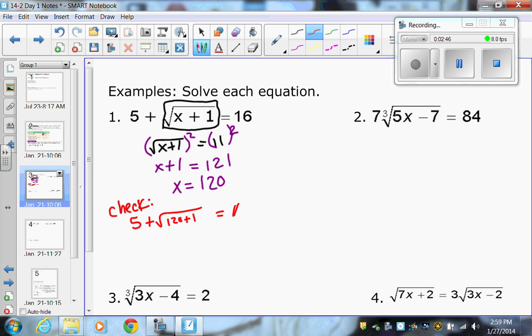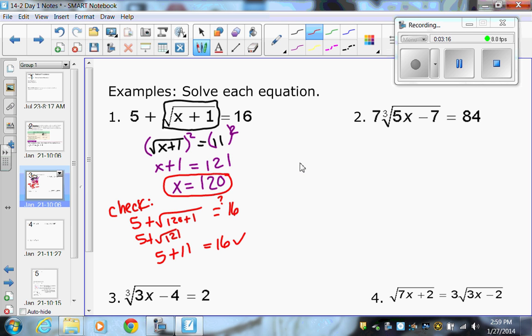Does that equal 16? That's the question. So this is 5 plus the square root of 121. Square root of 121 is 11. So does 5 plus 11 equal 16? And the answer is yes. So then I can say that my answer is x equals 120.